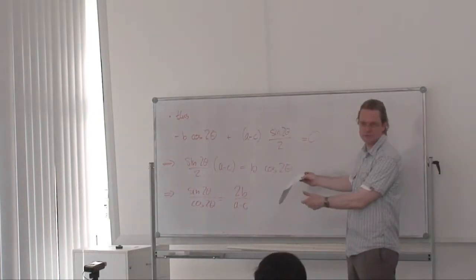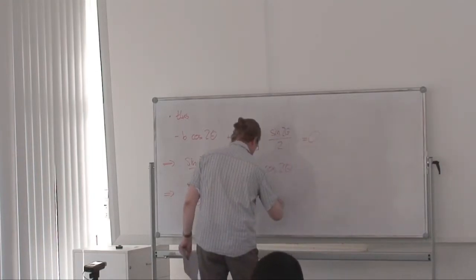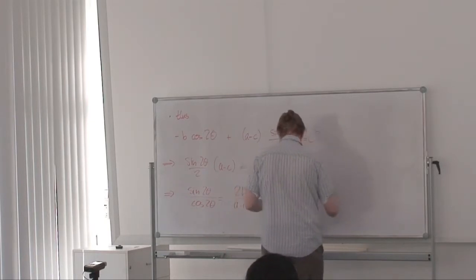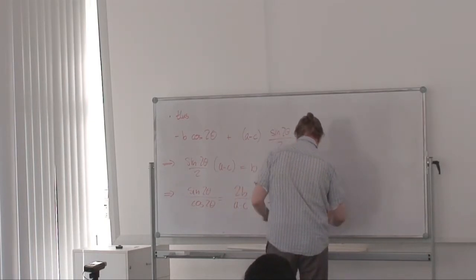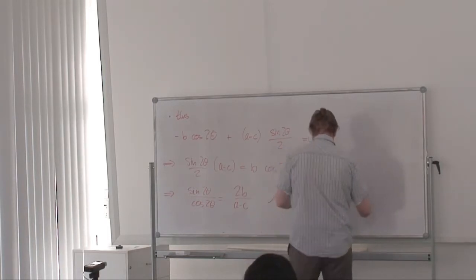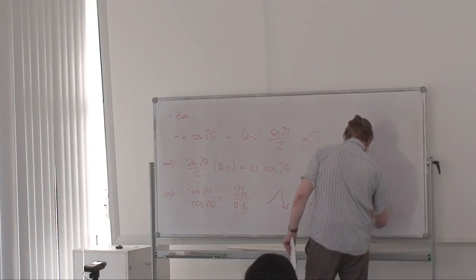And this is something we have seen last time, right? Because if we solve this for theta, we have 1 over 2 arc tan of 2b over a minus c.